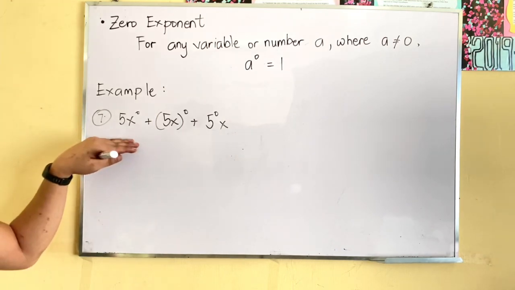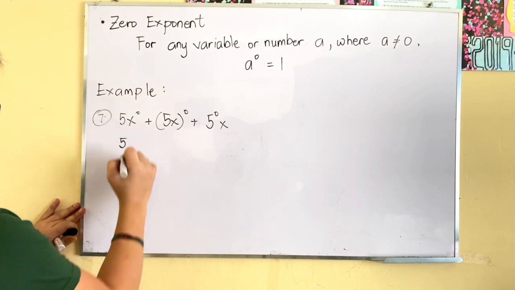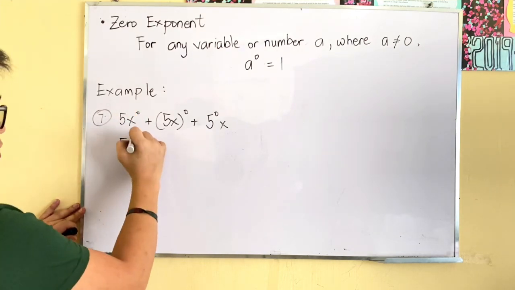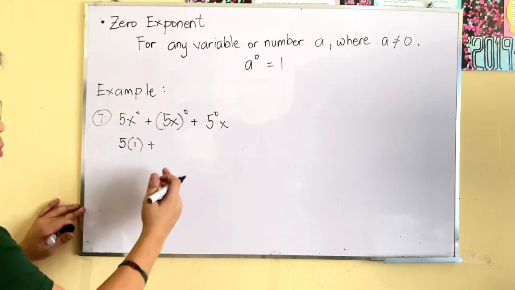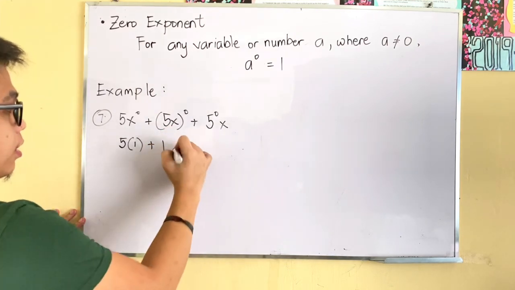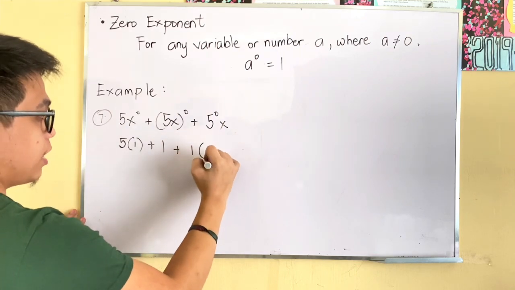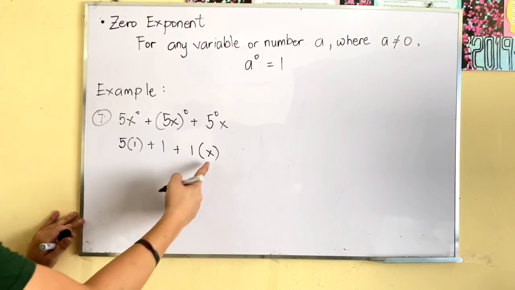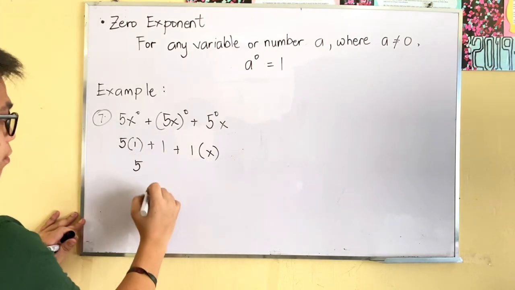Okay, let's try to solve this. So, 5 times x raised to 0, x raised to 0 is 1. Plus, 5x raised to 0, the whole expression is raised to 0, so it is equal to 1. Plus 5 raised to 0 is 1 times x, because only the 5 is raised to 0, x is not included. Next, 5 times 1 is 5, of course.